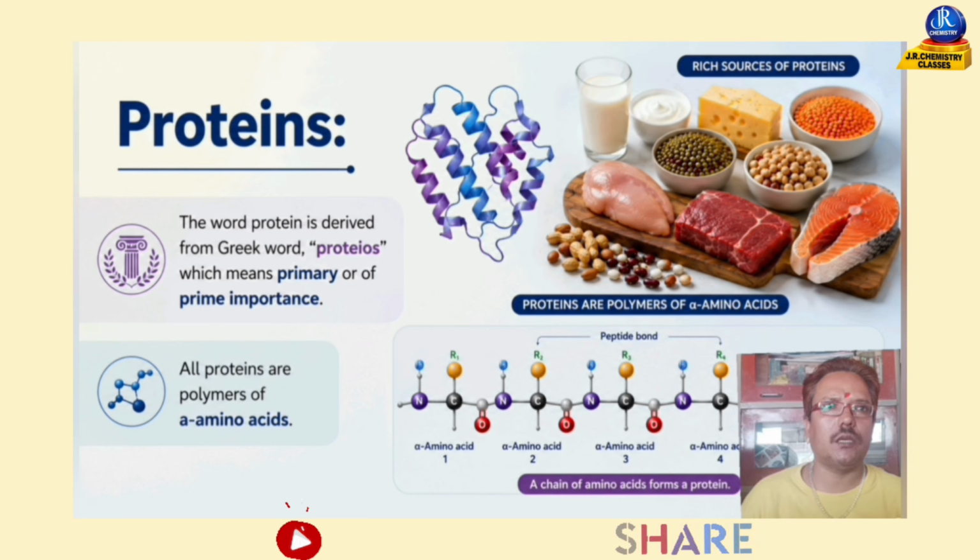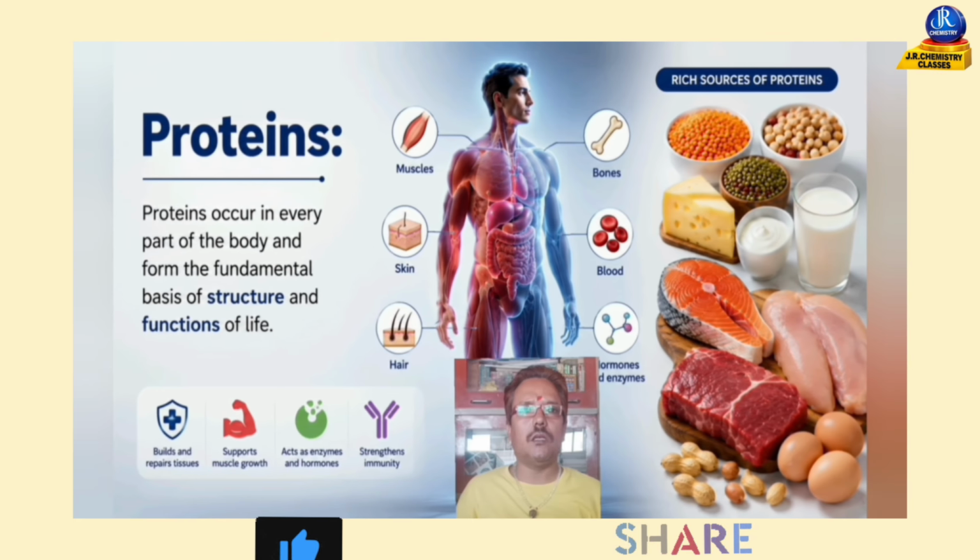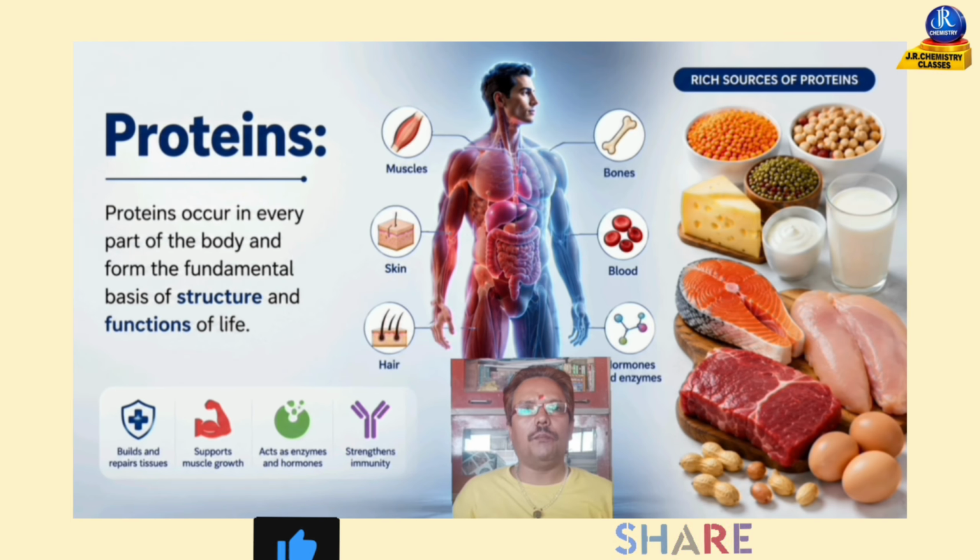Chief sources of proteins are milk, cheese, pulses, peanuts, fish, meat, etc. Proteins occur in every part of the body and form the fundamental basis of structure and functions of life.